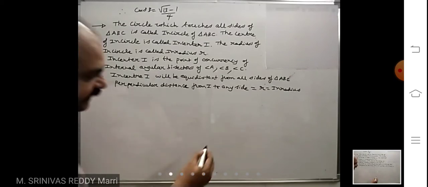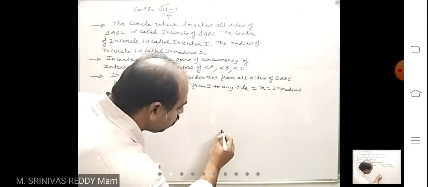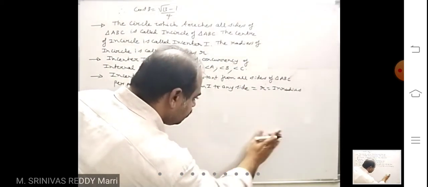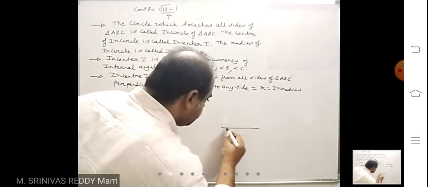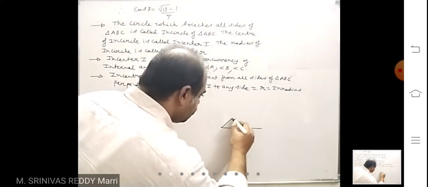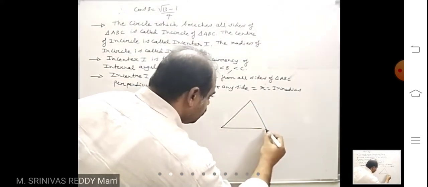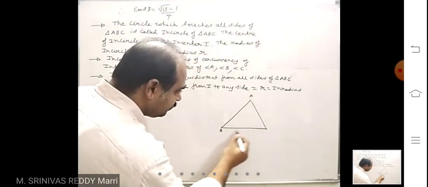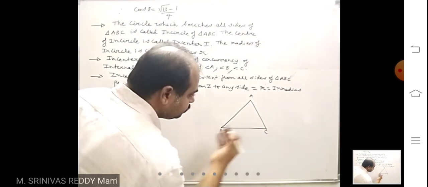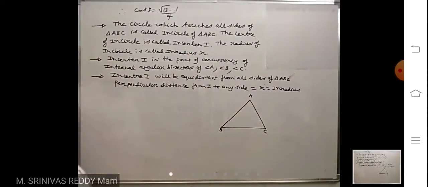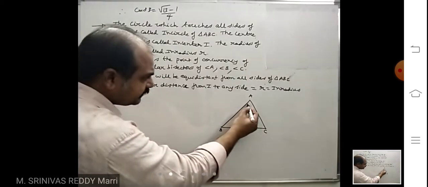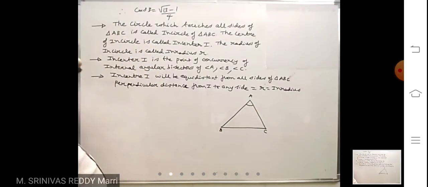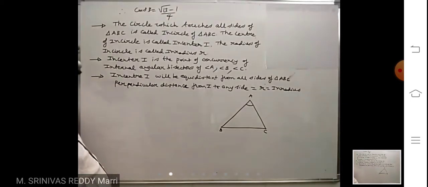I am drawing the diagram. Look at all of you carefully. So there is one triangle ABC. This is angle A. This is called the internal angle of triangle ABC.